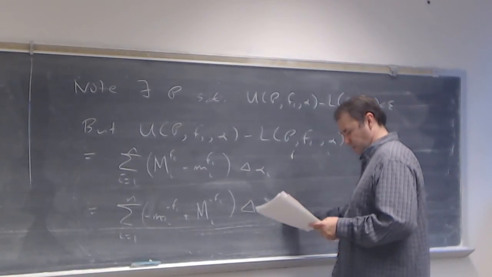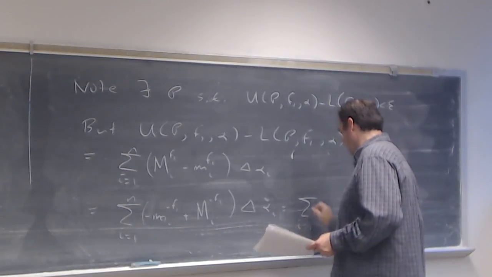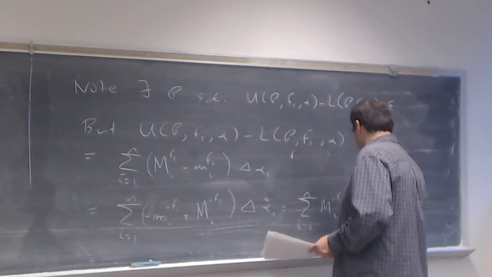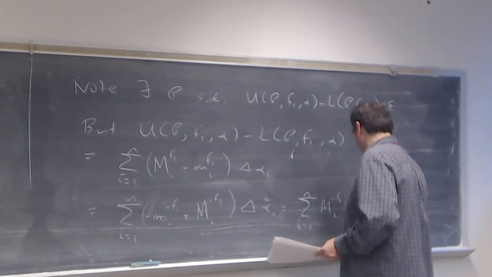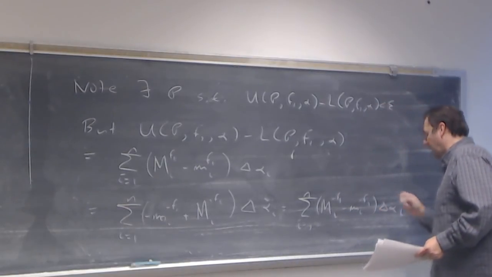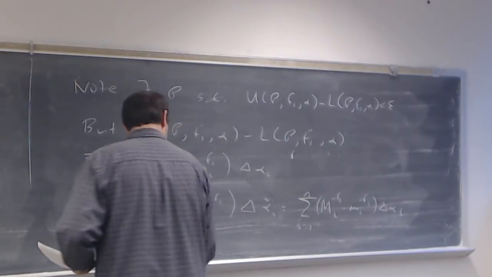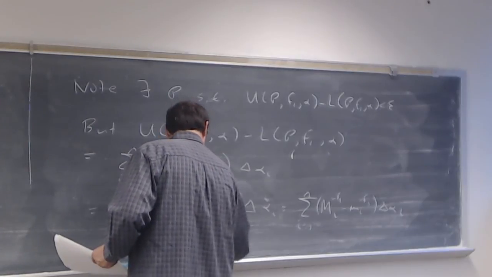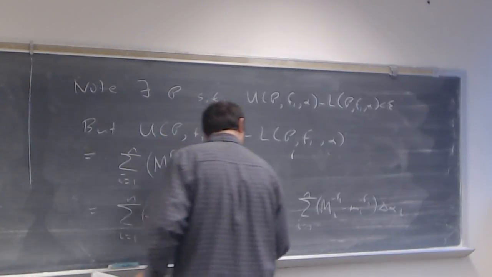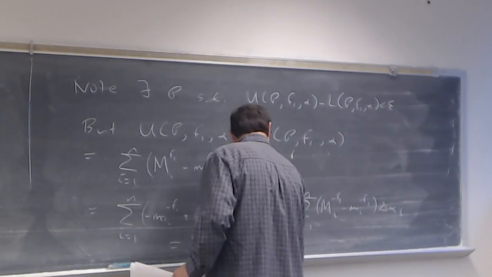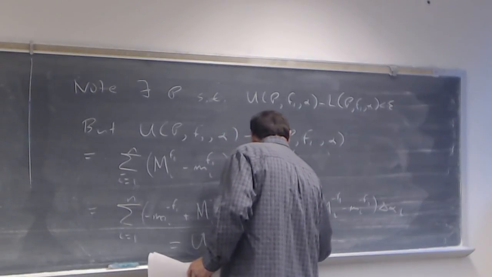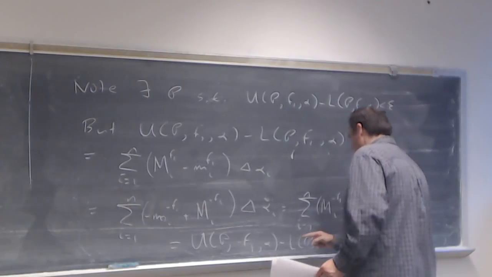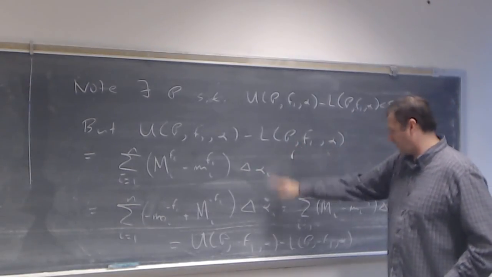And what that's equal to, so I'll just rewrite this, as the sum as I runs from 1 to n of the big M sub I of minus F sub 1 minus the little m sub I of minus F sub 1, times delta alpha sub I, and that's equal to the upper sum with this partition of minus F sub 1 alpha minus the lower sum with this partition of minus F sub 1 alpha, and we know that this guy, they're equal to each other, okay?